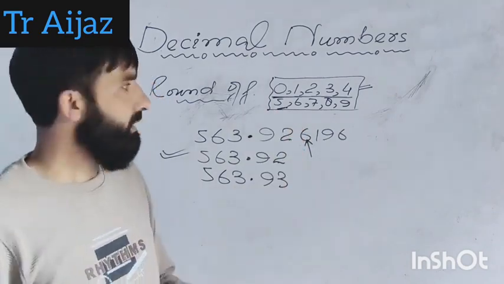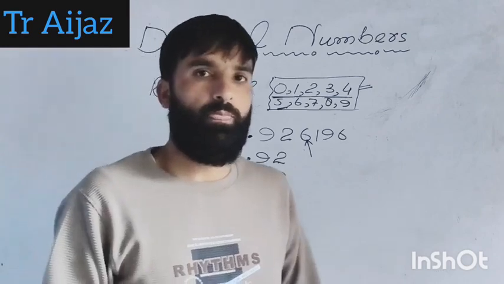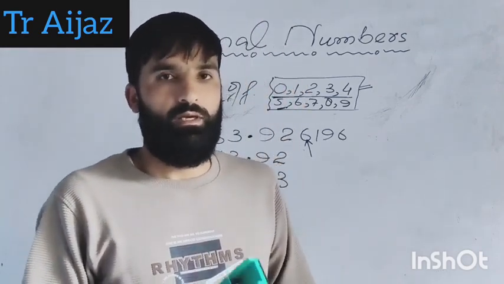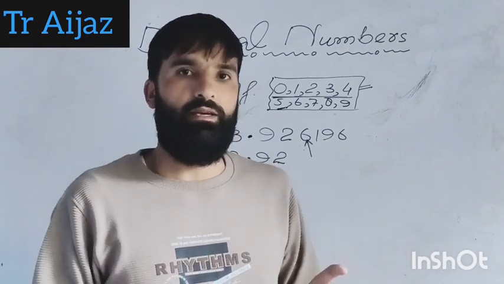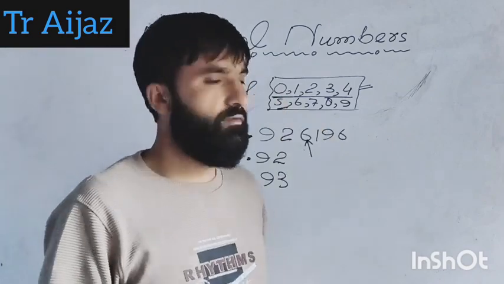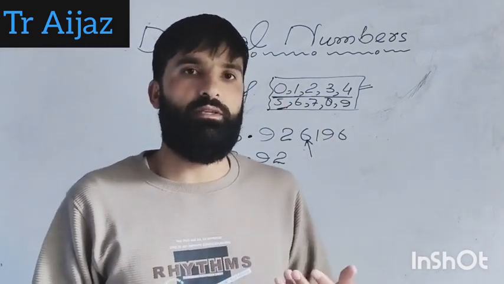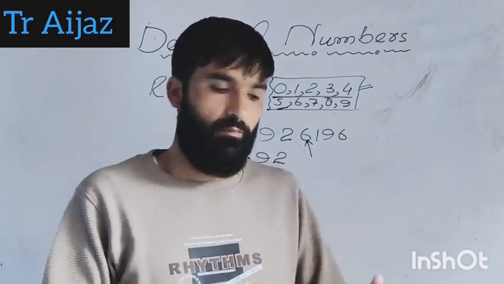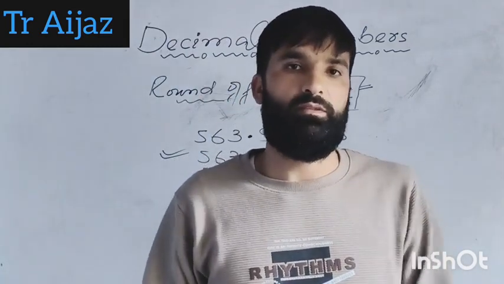So very simply, if the digit where we are separating it belongs to the first group, that is 0, 1, 2, 3, 4, then we don't have to add 1. And if that digit belongs to this group, which is 5, 6, 7, 8, 9, then we have to add 1 to our last place where we have to stop. If we have to stop at the second place, we have to see the number at the third place.